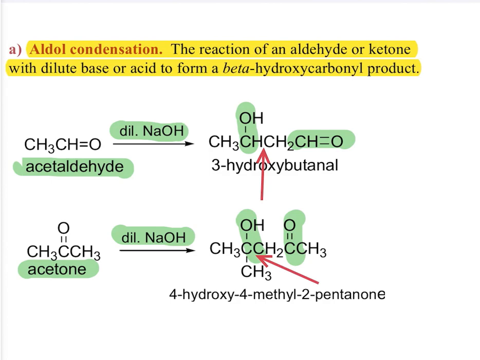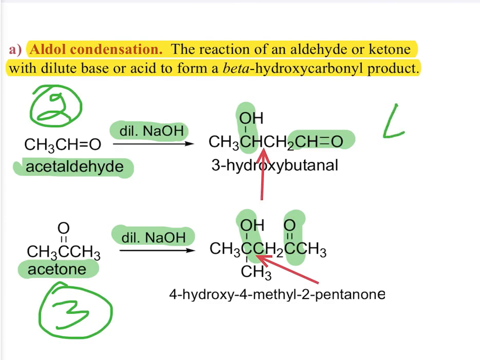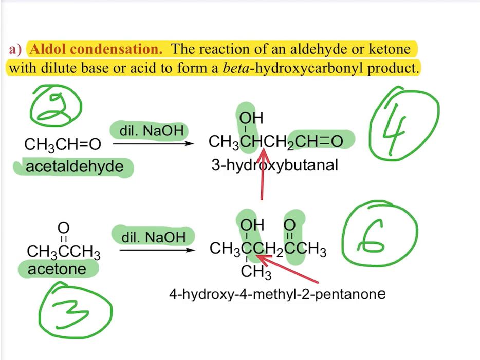Also, if you focus on the number of carbons, the starting material contains 2 carbons in the first example and 3 carbons in the second example, whereas the number of carbons is double in each product. So the surprising outcome of this reaction can be understood through the mechanism of the reaction.